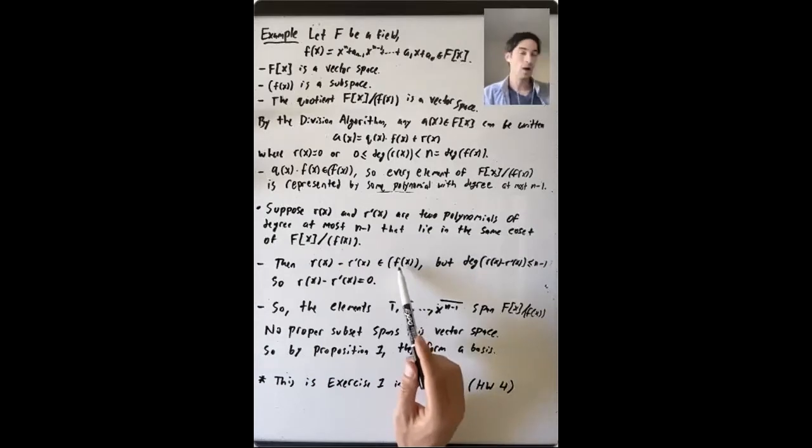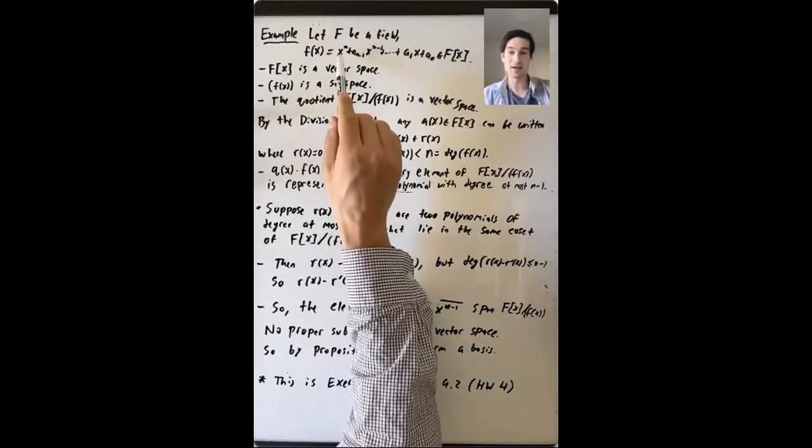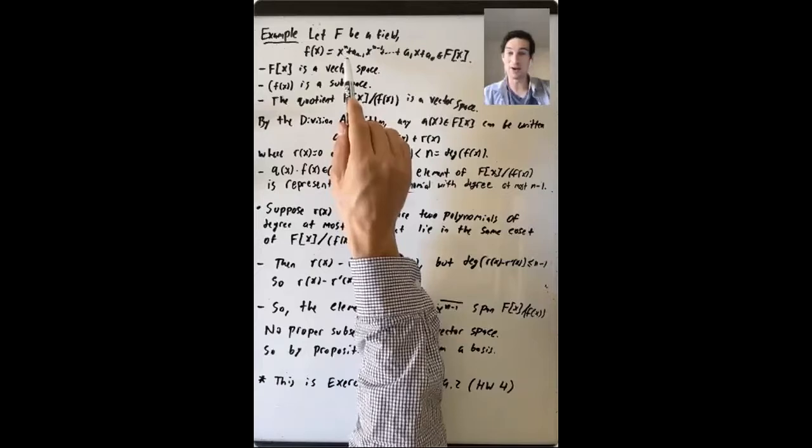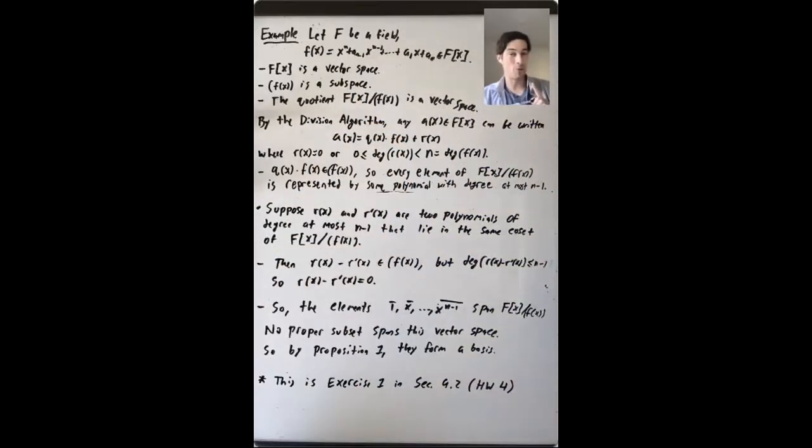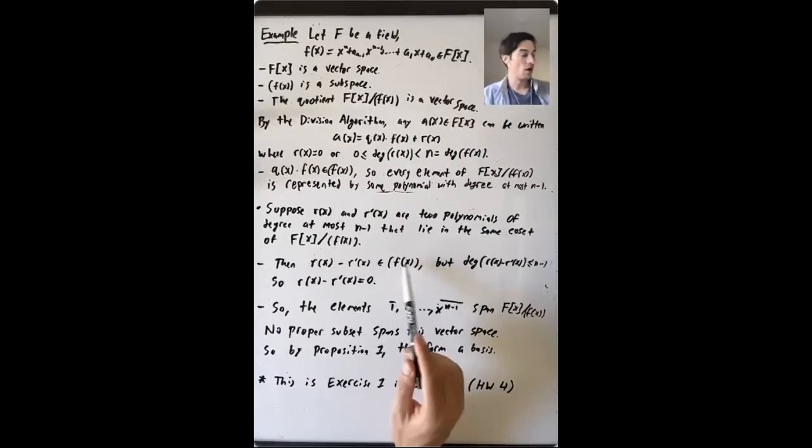But what things are in the principal ideal generated by f(x)? It's just things of the form f(x) times something. And in particular, all of those polynomials have degree at least n, except one, which is 0. So all of the things in the ideal generated by f(x) have degree at least n, except 0.